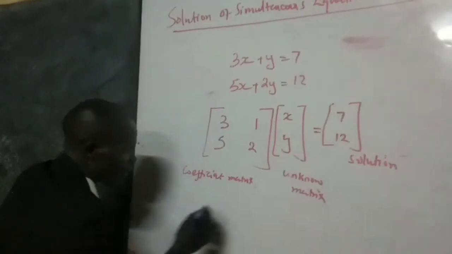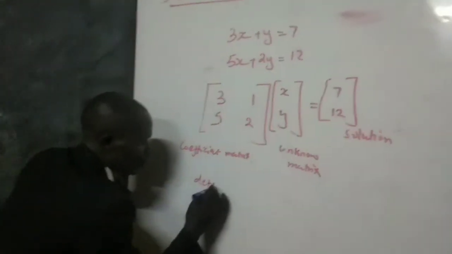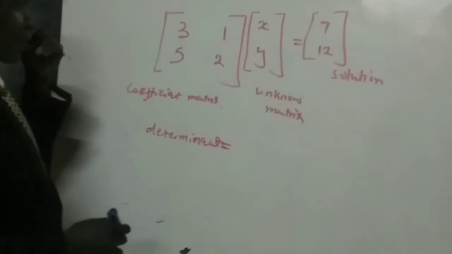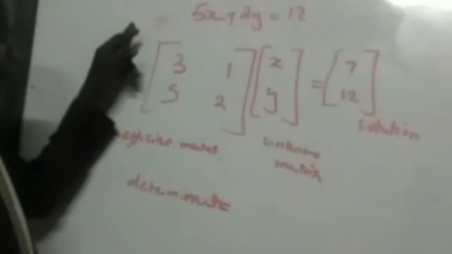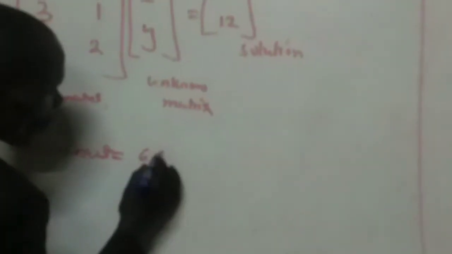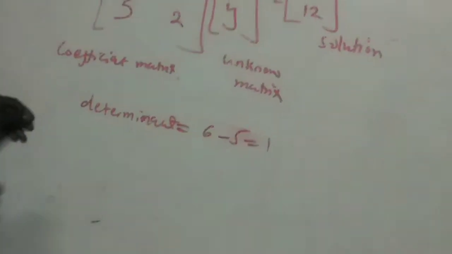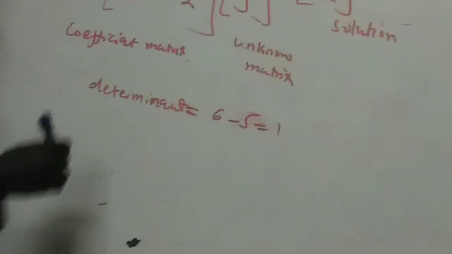First we determine the determinant, and determinant is the product of elements in the leading diagonal, that is 2 times 3 is 6, minus, we take away, product of elements in the other diagonal, which is 5 and 1, and that is 5, and that one gives us 1.